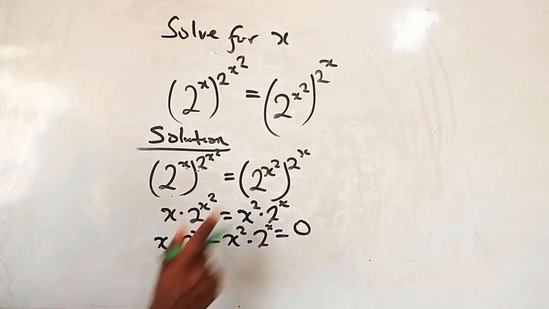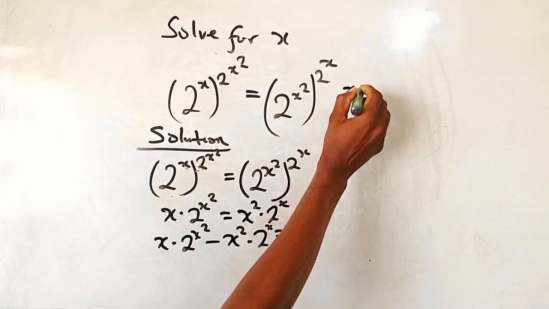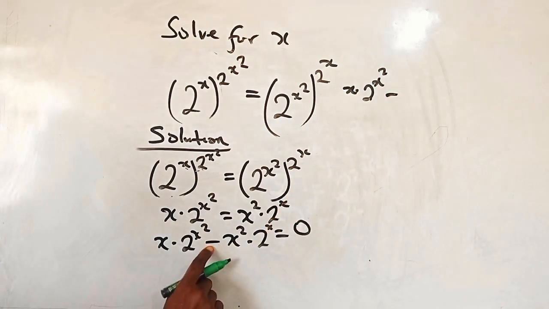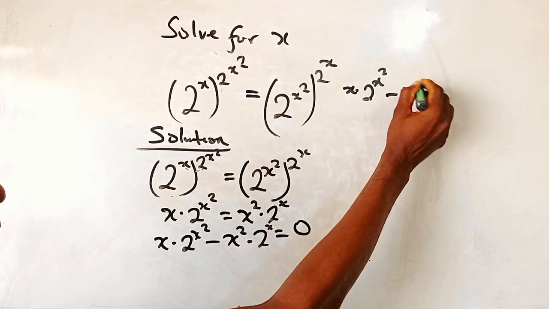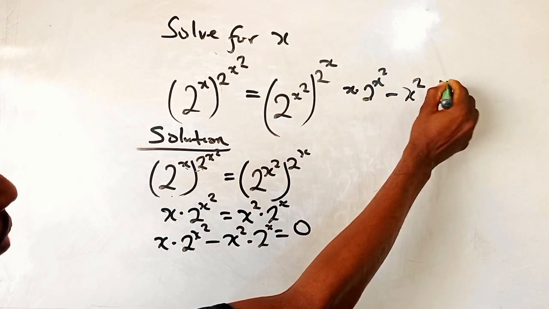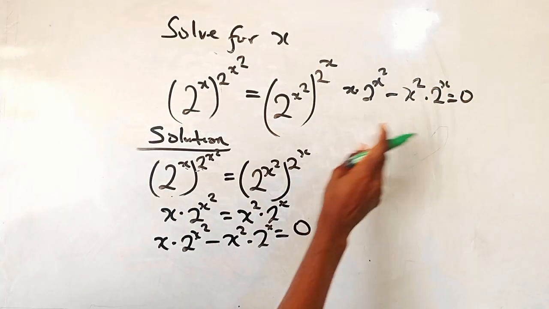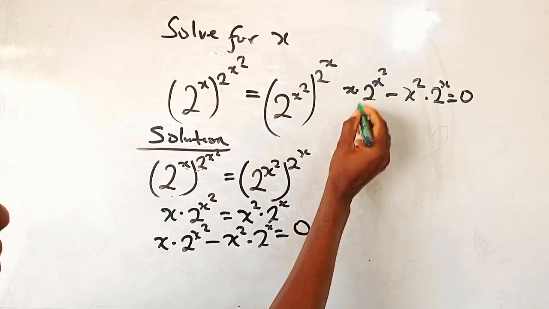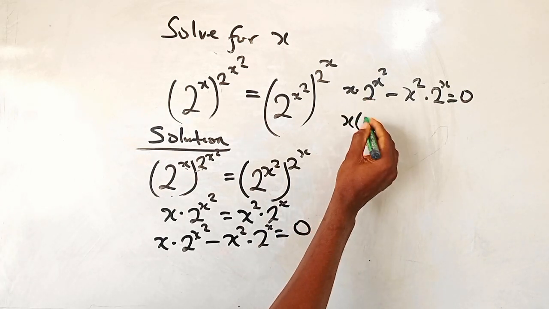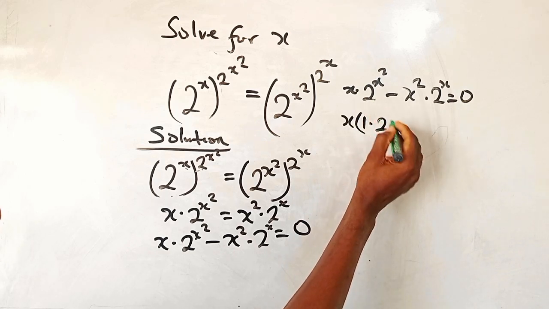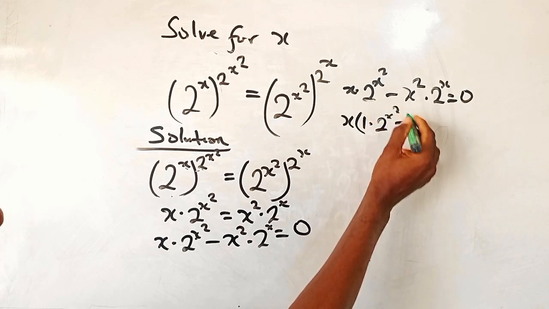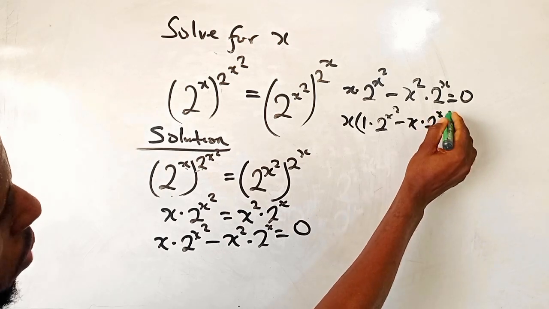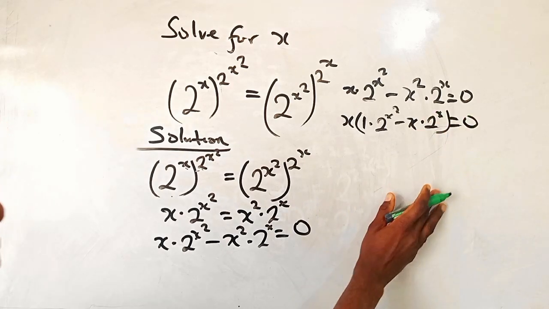From here we can factor out s, so we say x into 1 times 2 raised to power s squared minus, here we have x times 2 raised to power x equals 0.